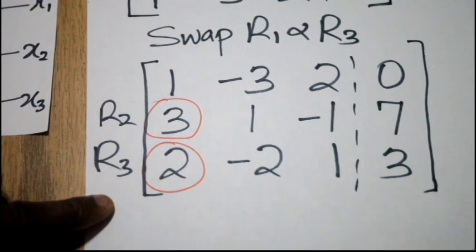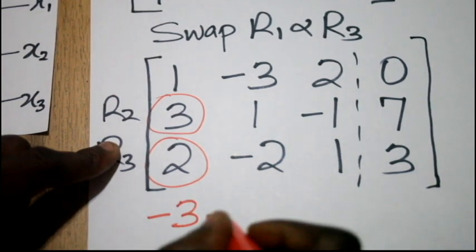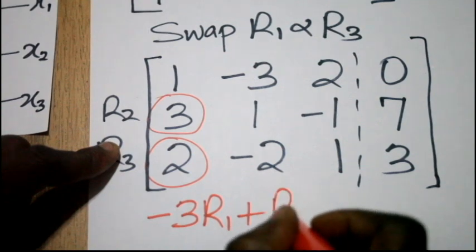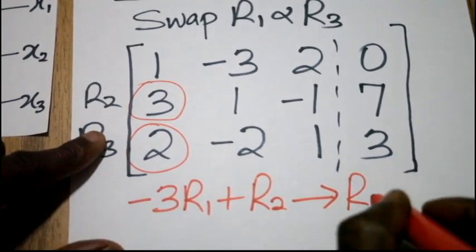So here I'm going to have negative 3 R1 plus R2 will give us the new R2 row.